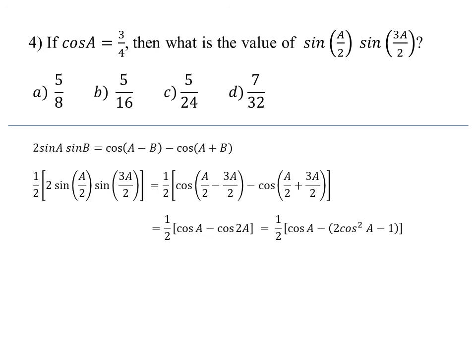So 1 by 2 into (cos A - cos 2A), and cos 2A can be written as 2cos²A - 1, that is equal to 1 by 2 into (cos A - 2cos²A + 1). Substituting the value of cos A, we get the answer as 5 by 16. So the correct answer is option B, 5 by 16.